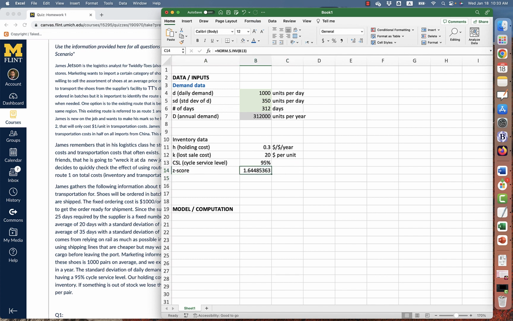We want to use this exact value and not round it up to 1.65 because rounding to 2 decimal places will introduce inaccuracy in our calculations. You want to keep at least 4 decimal places if you are doing it by hand, but you're doing it in Excel, so you don't care. You can keep all the decimal places in Excel. There's no cost to you. Okay, so that is my inventory data.